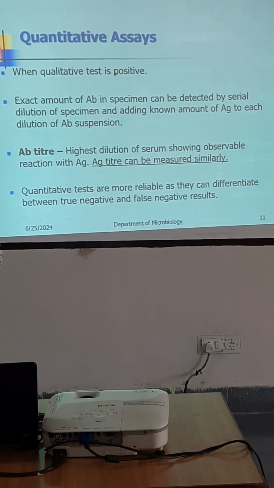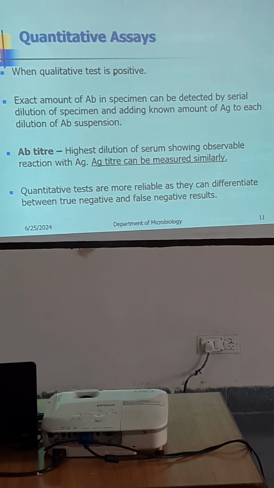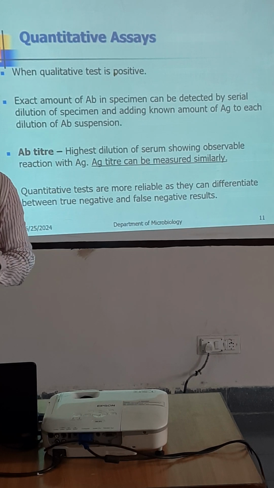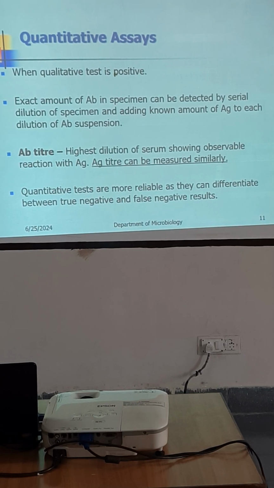When we say significant amount of antibody, in these immunological assays or serological reactions, all of us have a particular amount of antibody against most infectious diseases, and this amount of antibody is known as the baseline titer.